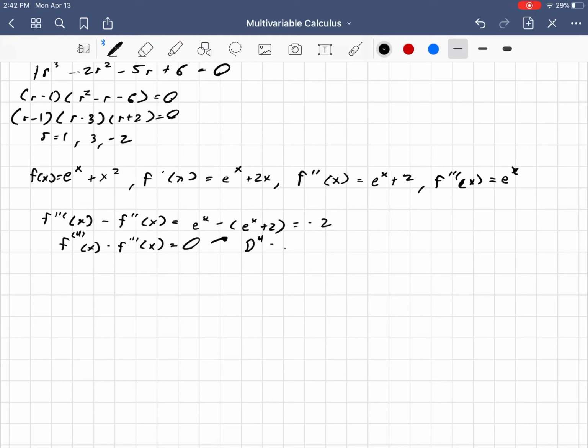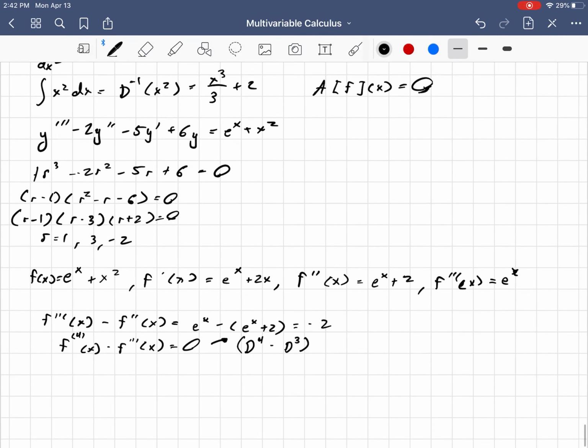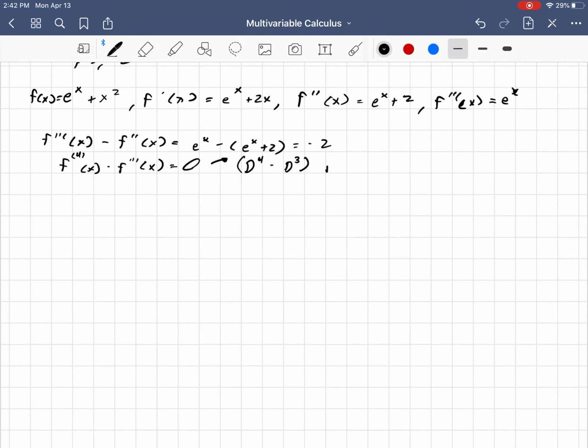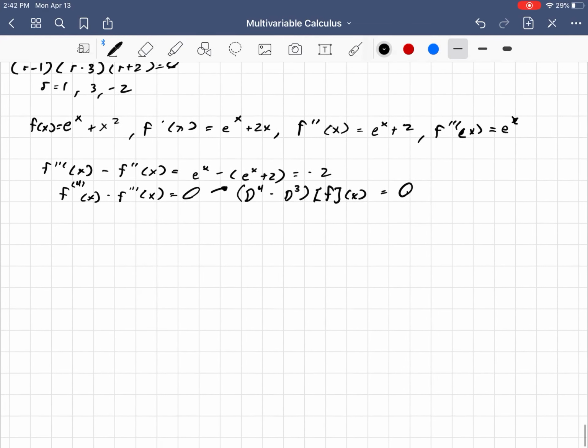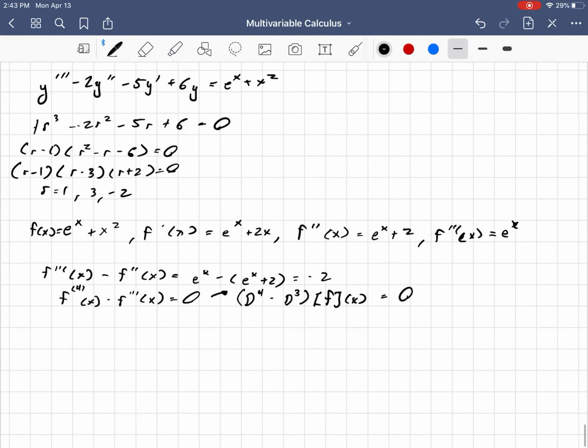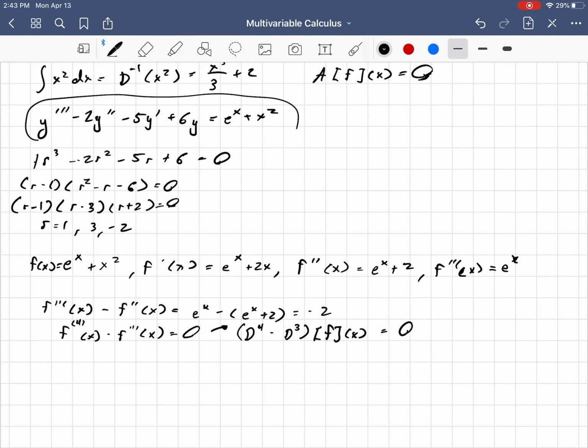And written more formally with the D notation, it is D to the fourth minus D cubed of our function f with respect to x is 0.